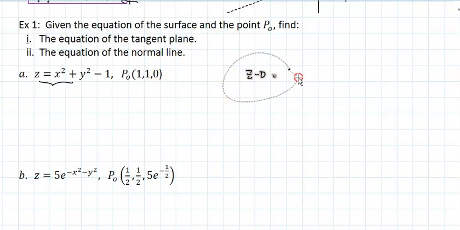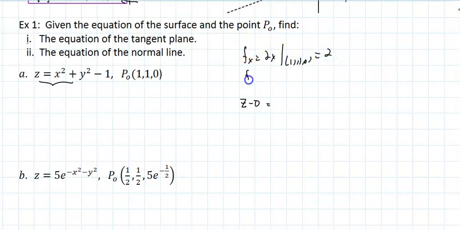Well, the partial with respect to x on that problem is really 2x, evaluated at 1, 1, 0, that is 2. And the partial with respect to y is 2y at 1, 1, 0, that's also 2. So this is 2 into x minus 1 plus 2 into y minus 1 as well.